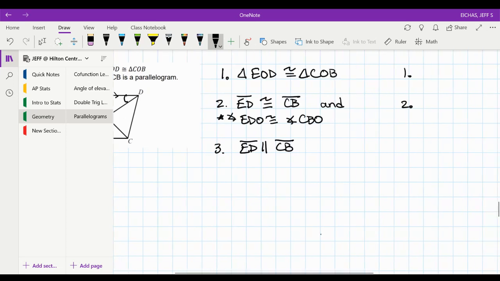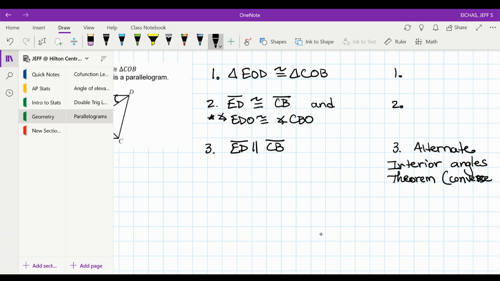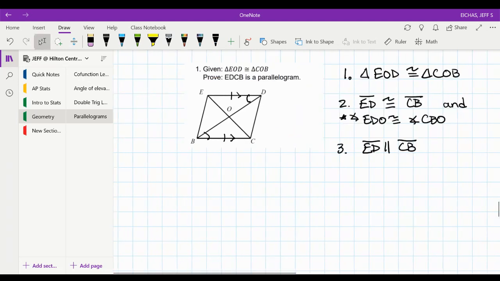I'm going to accept that it's just alternate interior angles theorem from you guys. Now, technically it's converse of, which indicates that you recognize that really it's backwards. Okay.